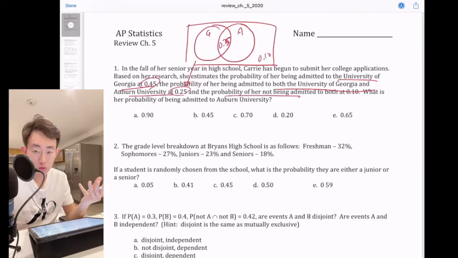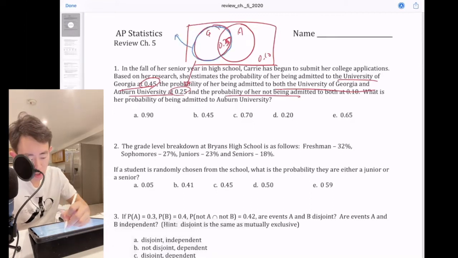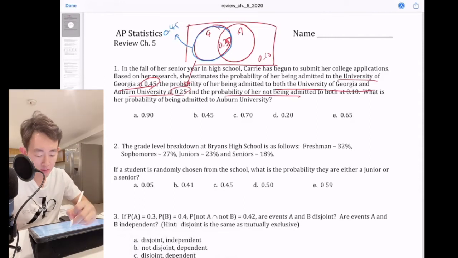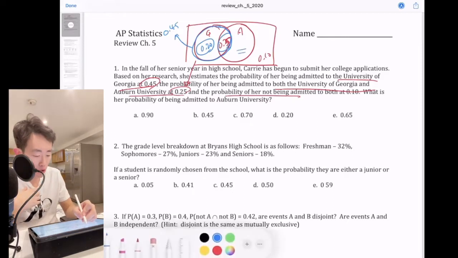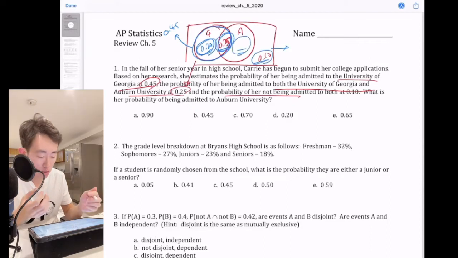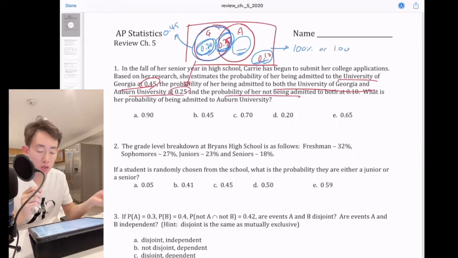If Georgia is 0.45, it means that the blue circle entirely has to be 0.45. So I need to have 0.20 left over, because 0.20 plus 0.25 gives you 0.45 in total. The only thing that's really left to do is to figure out this number in Auburn. Remember, a valid probability model always states that all four numbers, the 0.20, the 0.25, the 0.10, as well as this number which we don't know at the moment, need to add up to 100%, or in decimal, 1.00.